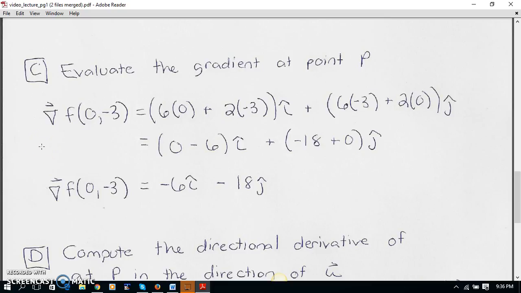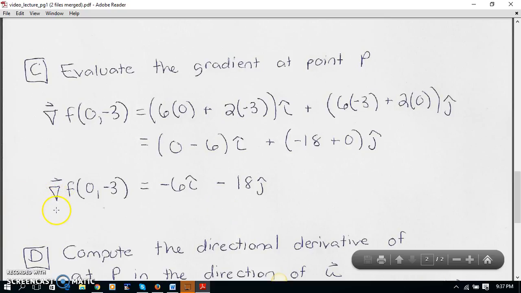The gradient at point (0, -3) in the i direction is 6 multiplied by 0 plus 2 multiplied by -3 equals -6. And in the j direction, 6 multiplied by -3 plus 2 multiplied by 0 is -18.